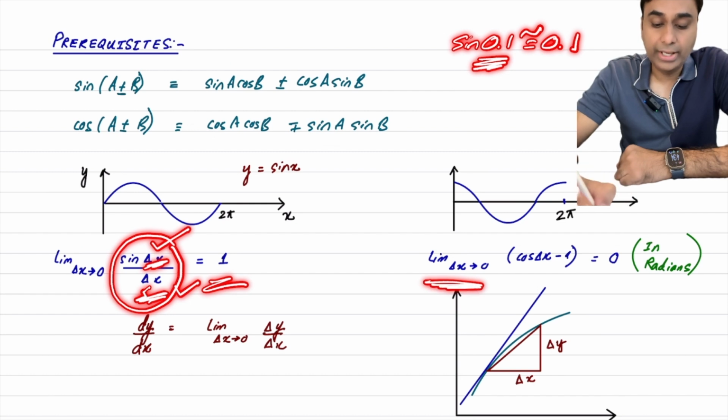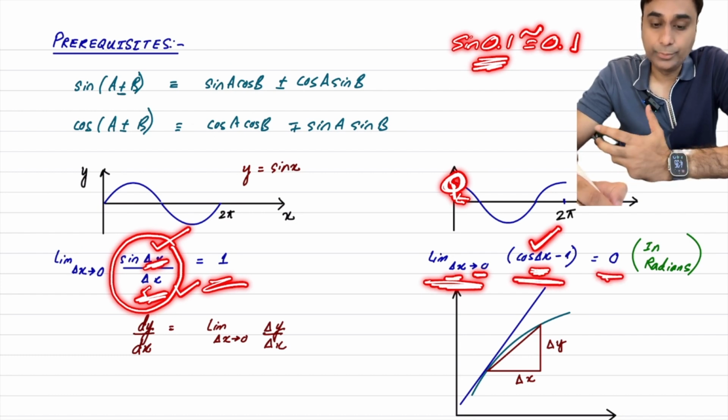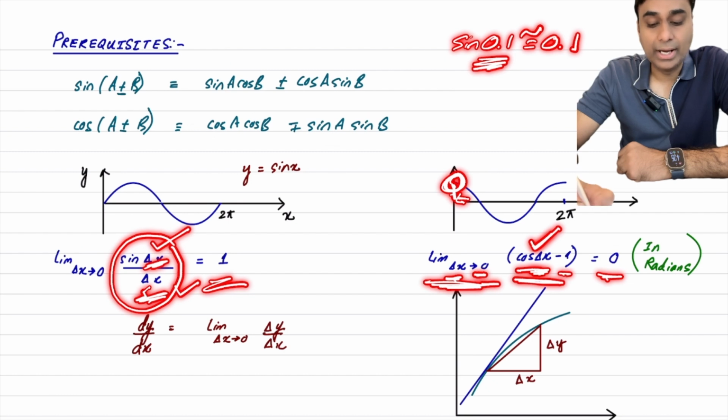Similarly, for a very, very small angle, the value of cos theta is approximately 1. So this will approach 1, and this 1 minus 1 will approach 0. So the other identity that we will be using is that if delta x is approaching 0, then cos delta x minus 1 approaches 0.